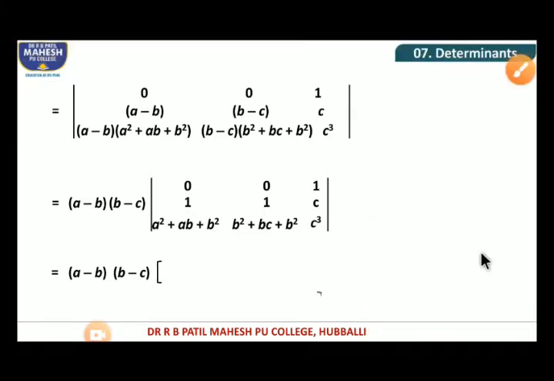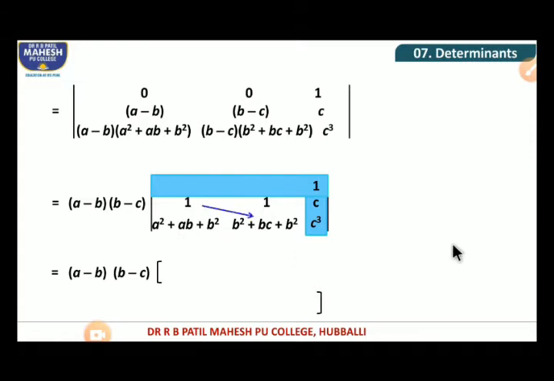Therefore we will have 1 into the remaining determinant, that is 1 into b square plus bc plus c square minus 1 into a square plus ab plus b square. So we can write it as 1 into b square plus bc plus c square minus 1 into a square plus ab plus b square.